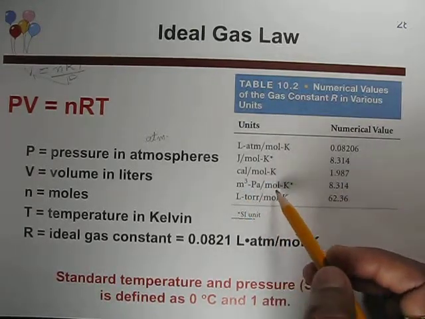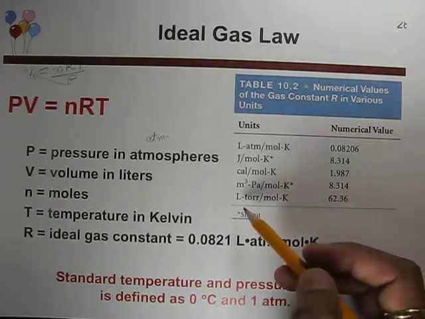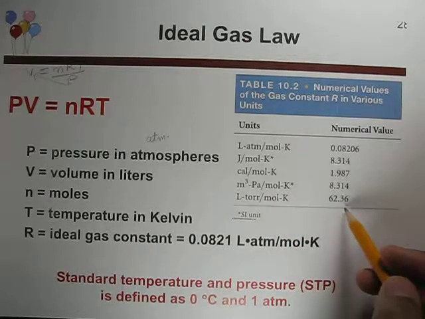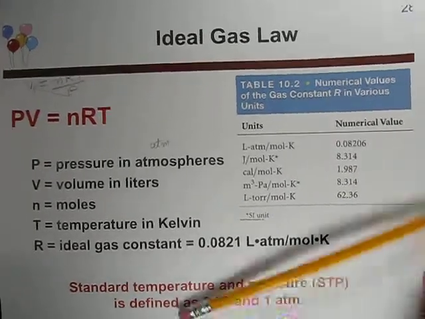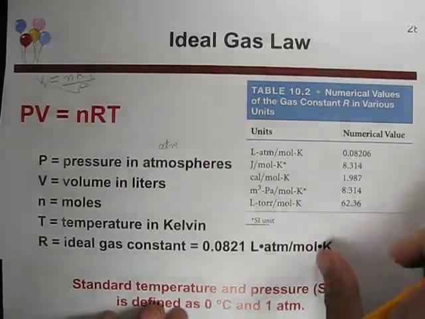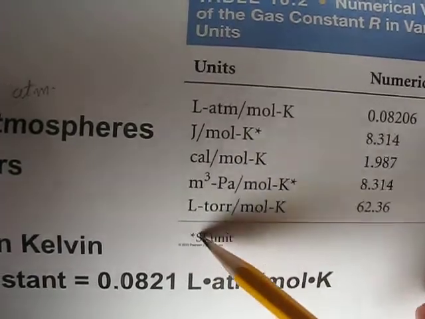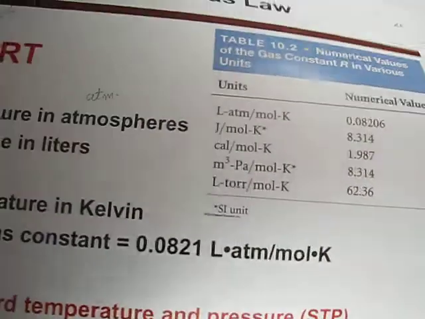Meter squared Pascal per mole Kelvin, when this value will be used, and liter torr per mole Kelvin, this value will be used. And the asterisk shows that these are the SI units, international standard units.